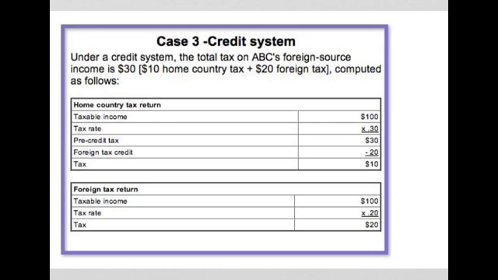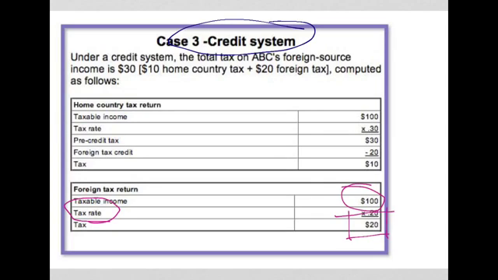All right, let's take a look at how the credit system, the foreign tax credit system, that's what it means here, how this mitigates double taxation. Again, we'll start with the fact that $100 is made overseas in a foreign country. It's taxed because it's made there at $20. That's the tax rate of the home country. Okay, no problem.